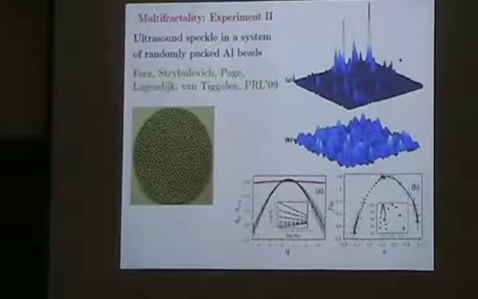So now it's a completely different type of experiment. It's ultrasound. Yeah, I told you that in principle it's the same physics. It's just classical problems of waves in disordered media. And this is, for example, the ultrasound spectrum in a system of random aluminum beads, small balls.